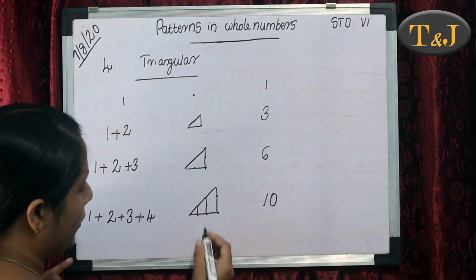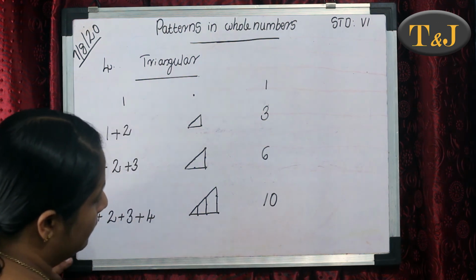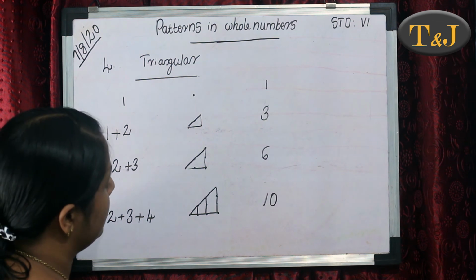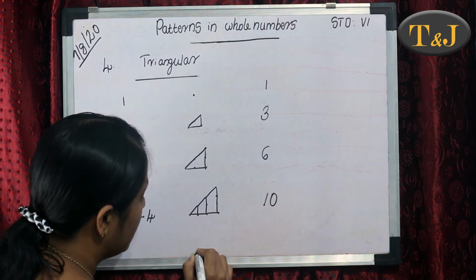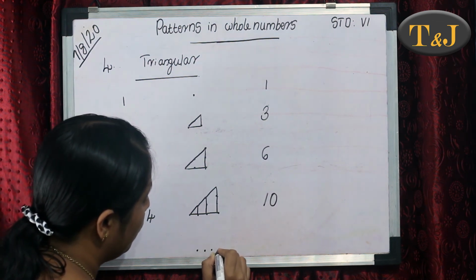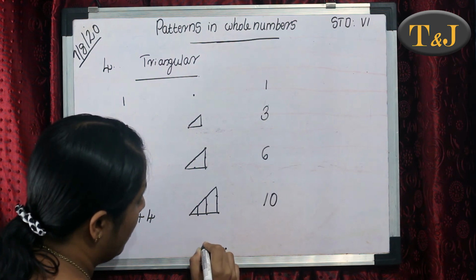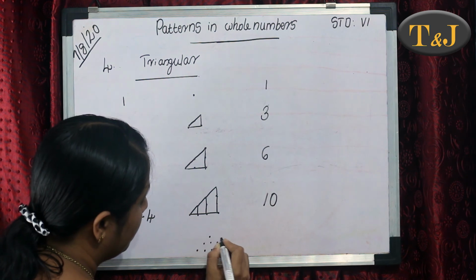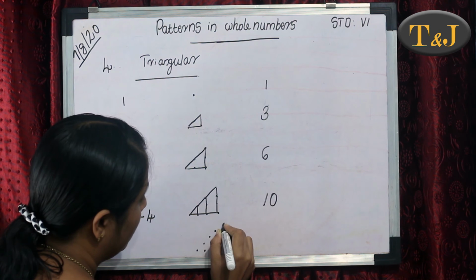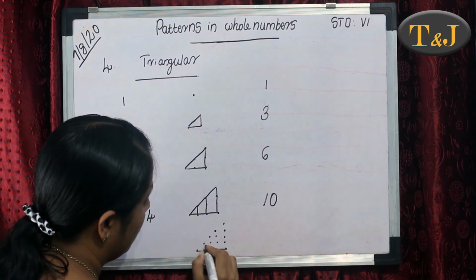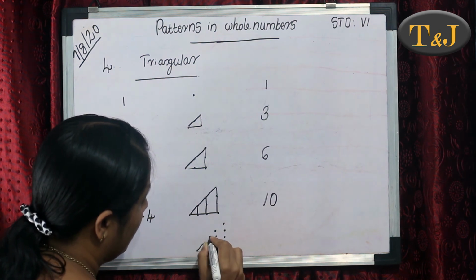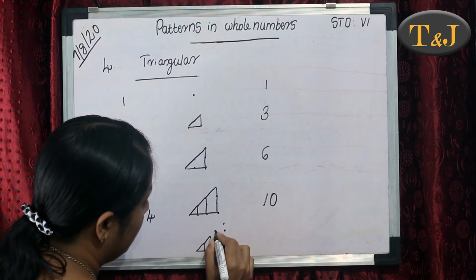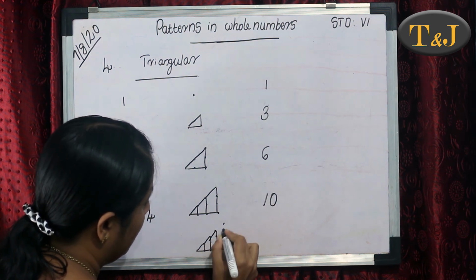Next pattern we are discussing here. How many base dots are we using? 4 base dots, so here 5 dots: 1, 2, 3, 4, 5. Next is 1, 2, 3, 4. Next is 1, 2, 3, 1, 2, 1. Then joining these dots, next triangle.